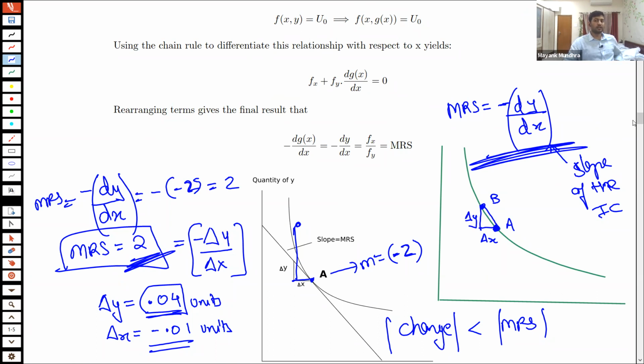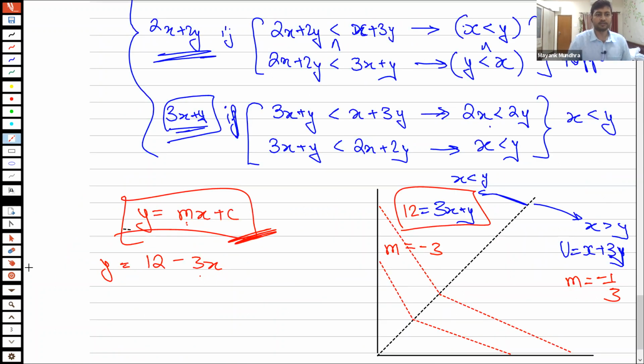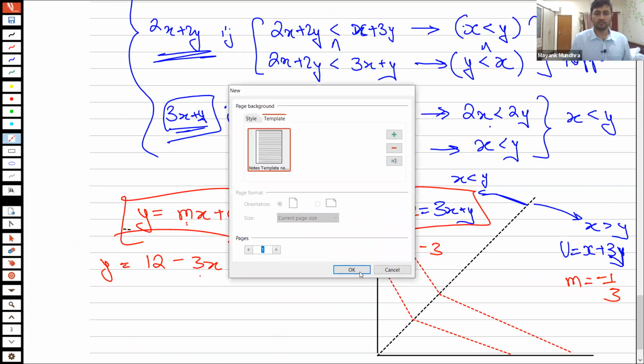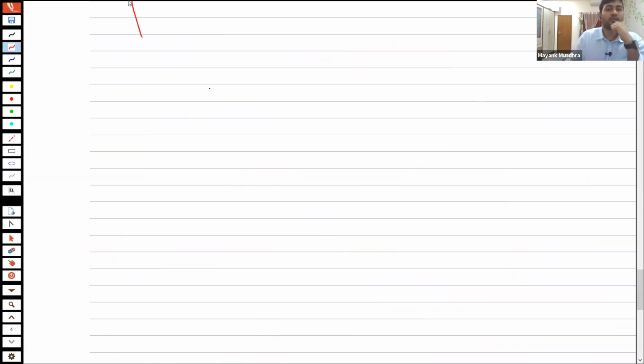Now, I want to utilize the implicit form as well. So I'll give you an example which is very real world. The real worldly example is the Cobb-Douglas format. So utility equals under root xy. Suppose you want to plot the indifference curve for utility level of 10.